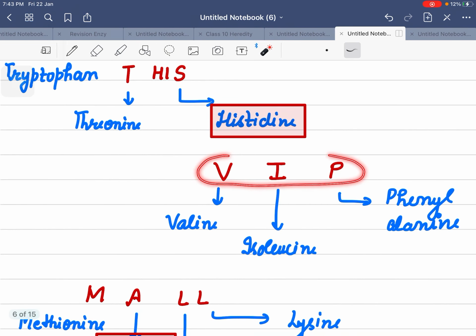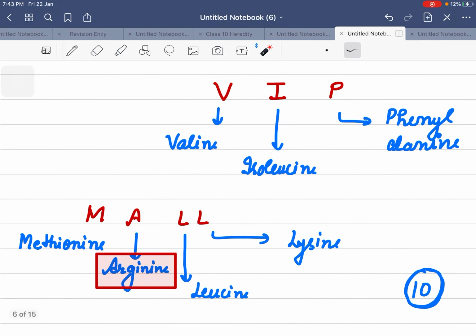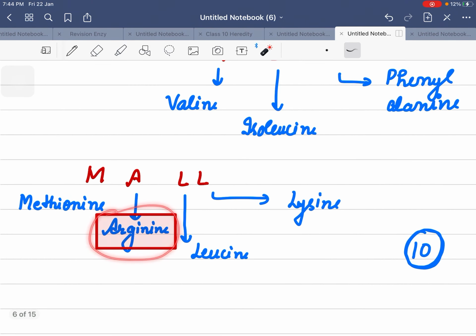Now VIP. V is for valine, I for isoleucine, P for phenylalanine. Mol: M for methionine, A for arginine, L for leucine, L for lysine. Out of these, arginine is semi-essential.